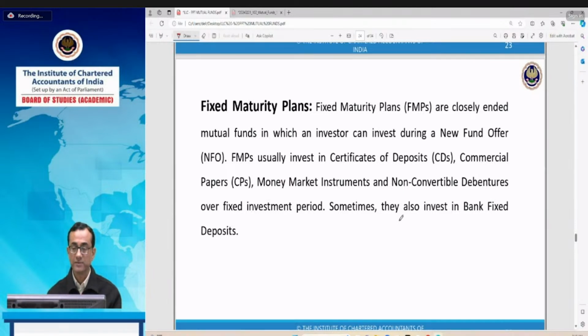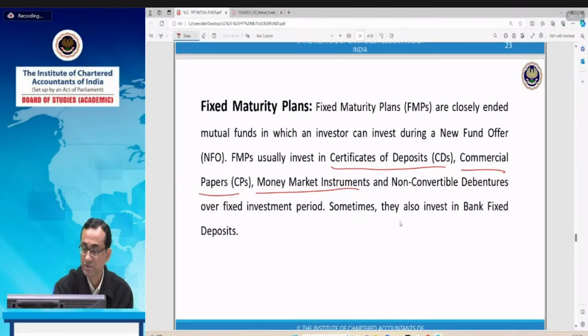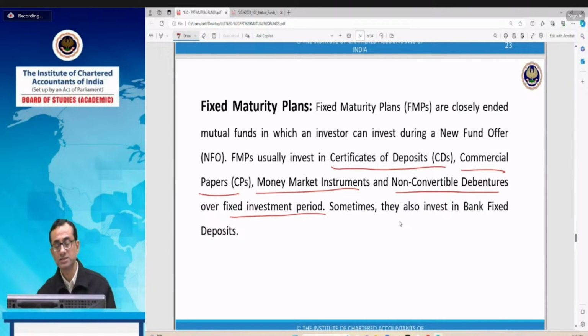FMPs, that is, fixed maturity plans, basically invest in certificates of deposit, commercial papers, money market instruments, and non-convertible debentures over a fixed investment period. So fixed maturity plans are basically related to money market mutual funds and debt funds, and sometimes they also invest in bank fixed deposits. So this is what fixed maturity plans are.